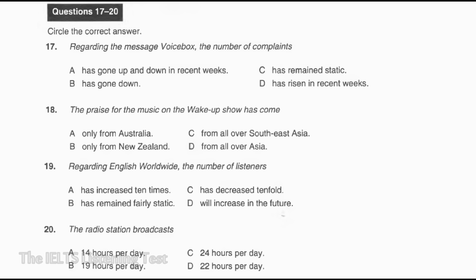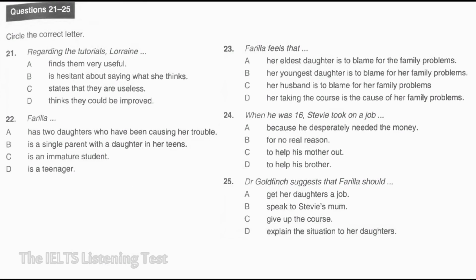That is the end of section 2. You now have half a minute to check your answers. Section 3. You are going to listen to a tutorial with a university lecturer and 3 of his students. First, look at questions 21 to 25.